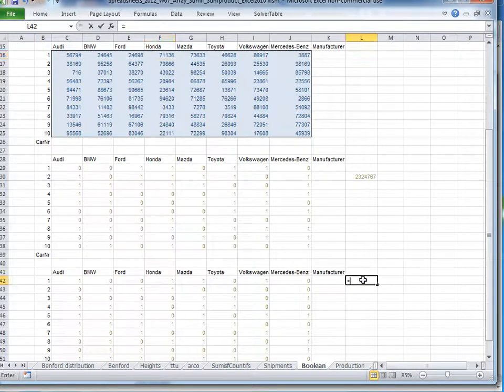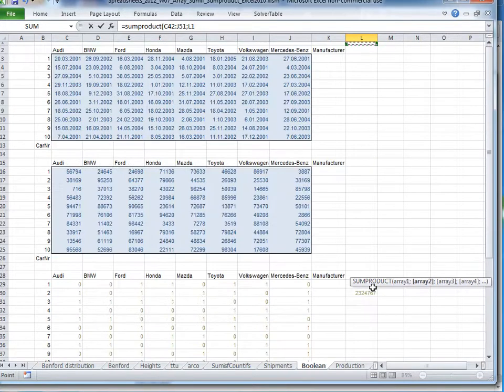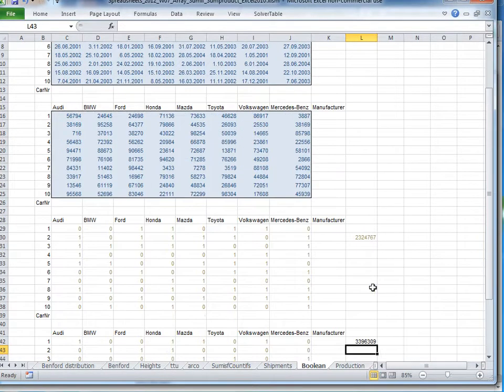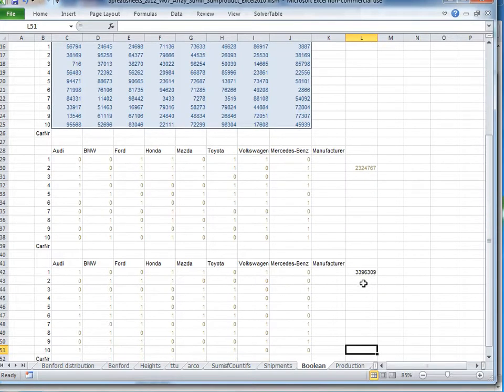So let's write. Okay, and for this number we get 3.4 million miles.